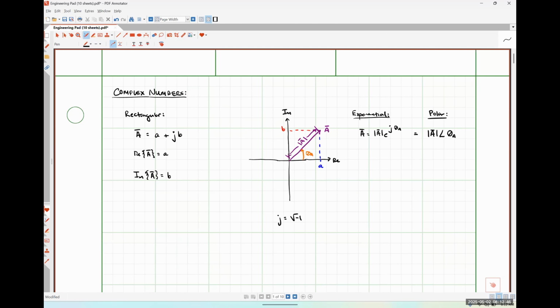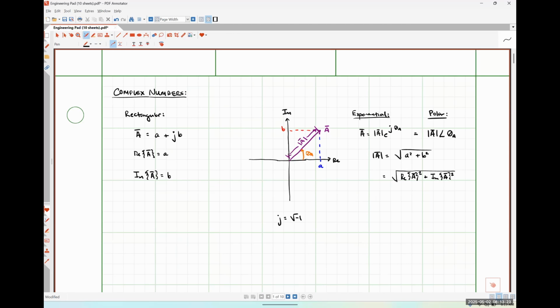So we could say that in both exponential form and polar form, the magnitude of our vector A is just going to be the square root of A squared plus B squared, or in more generic terms, it is the square root of the real part of complex number A, quantity squared, plus the imaginary part of complex number A, quantity squared. Okay.